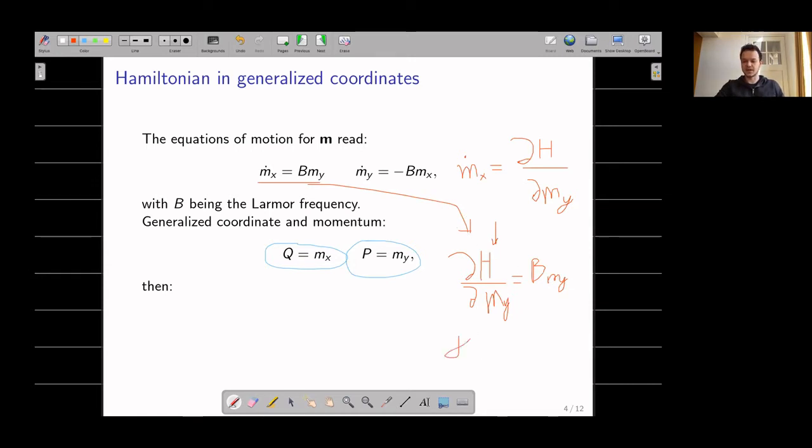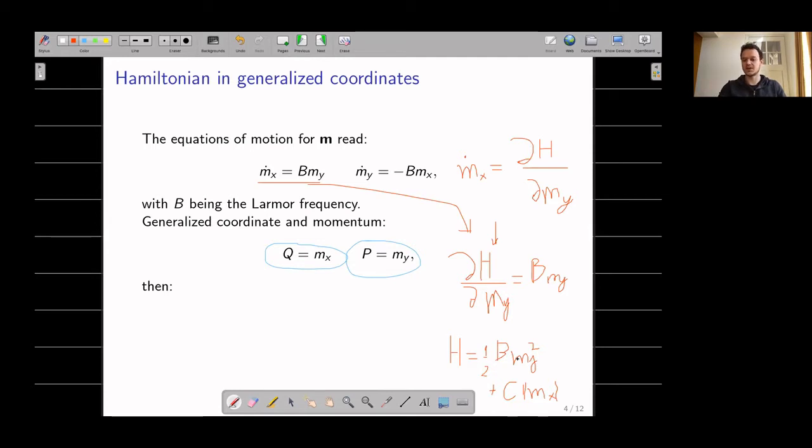And if one integrates, then one can obtain H, for example, here below, that is equal to b times my squared over 2, plus some constant c that depends on mx, because we have integrated only with respect to my, and the function depends on two variables in principle.